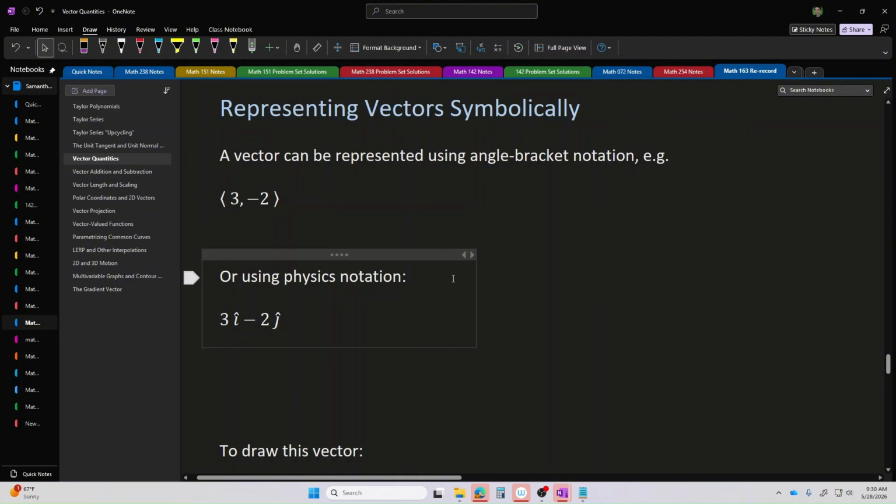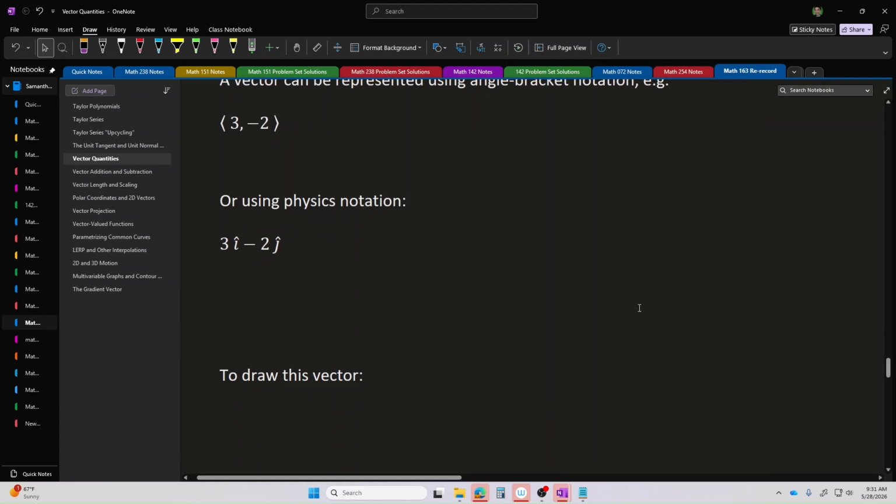The physics notation for this exact same vector looks like this: 3 times a quantity called i hat minus 2 times a quantity called j hat. These are two different notations, one more common in math, the other more common in physics, both representing the exact same vector.